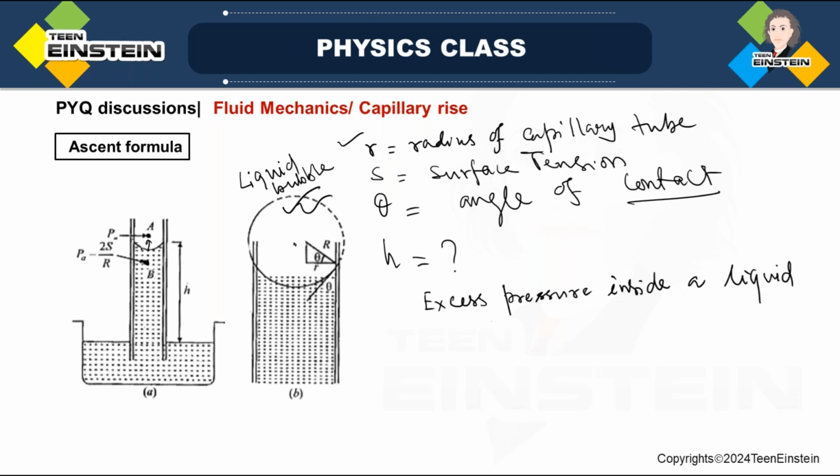If the bore or radius of this capillary tube is very narrow, then the liquid bubble will always be spherical in shape. The excess pressure is always 2S by R, where R is the radius of the liquid bubble.